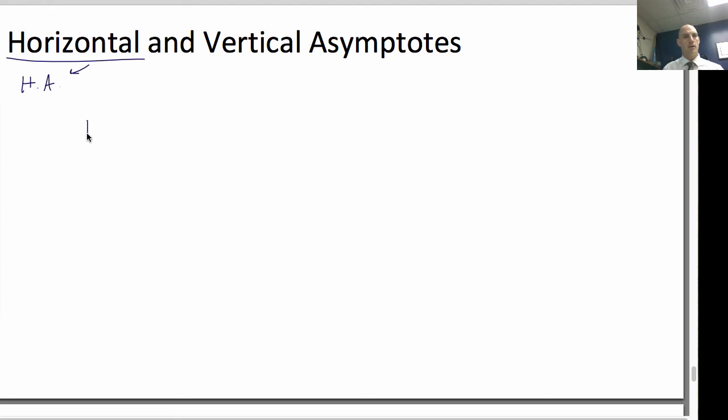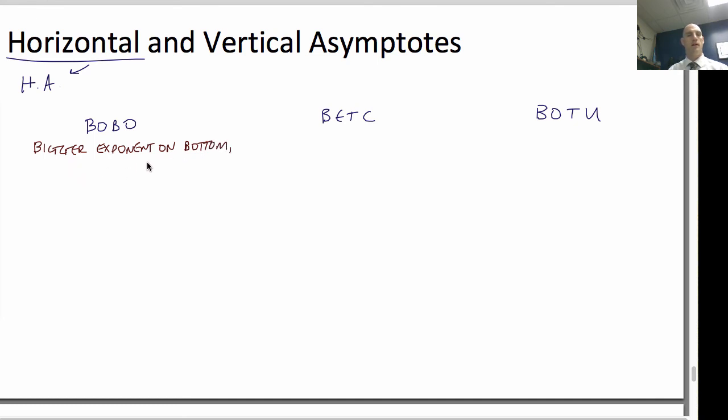It's going to be BOBO, BOTN, and BO2, meaning bigger exponent on bottom, then y equals 0 is the asymptote.